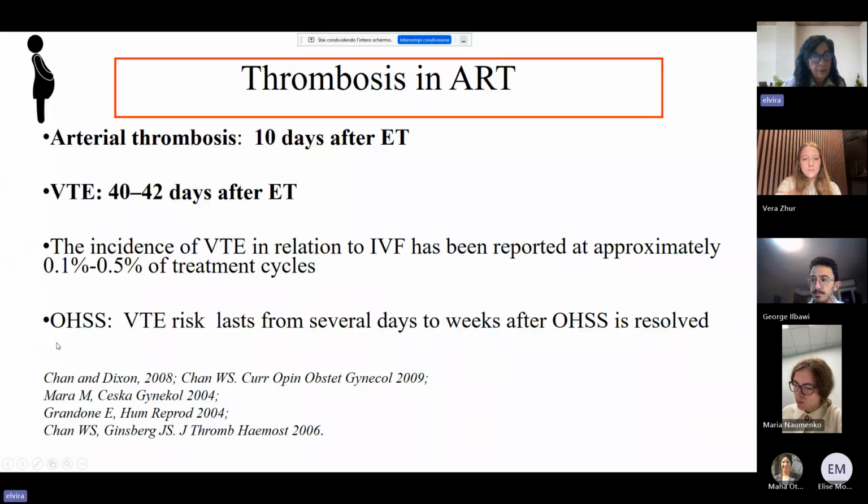For instance, and the most known is the ovarian hyperstimulation syndrome, in which the thromboembolic risk can last from several days to weeks, more or less 3 months after the syndrome is resolved.